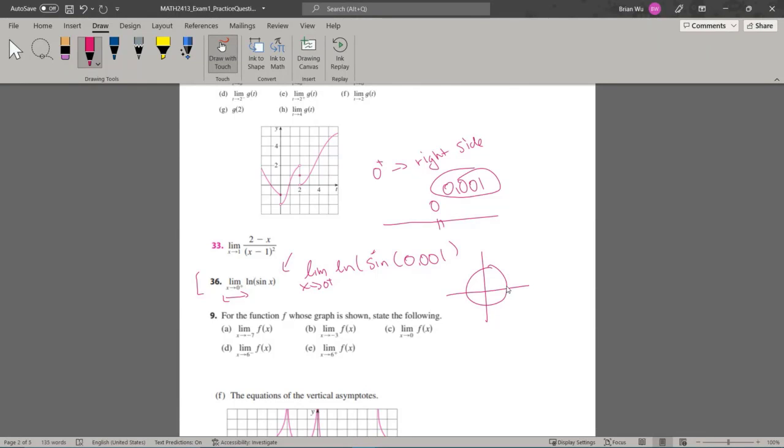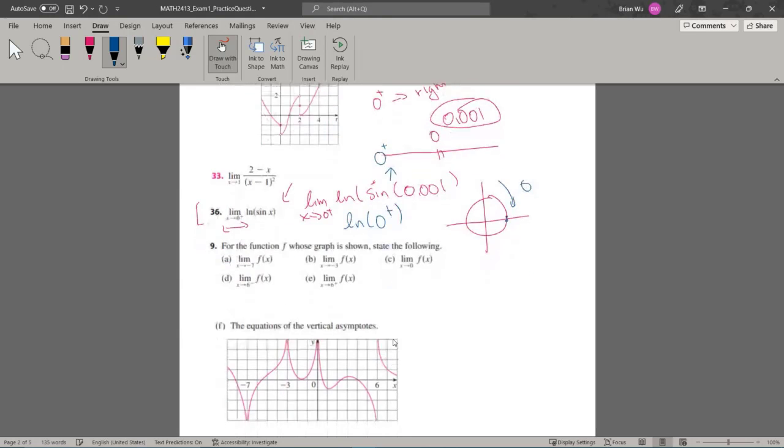We know that this sine, if it's very close to 0, something like here, and we're approaching 0, we're going this way, right? Our sine is a y value, so we're approaching 0 for this sine of x. That means this essentially evaluates to 0 positive, and we have ln of 0 plus.